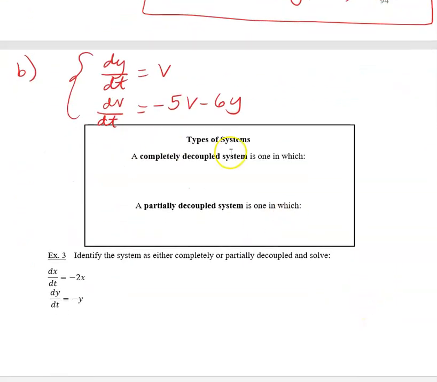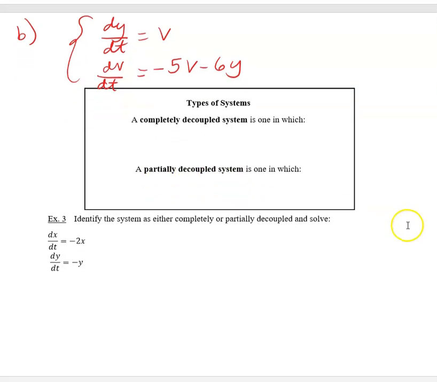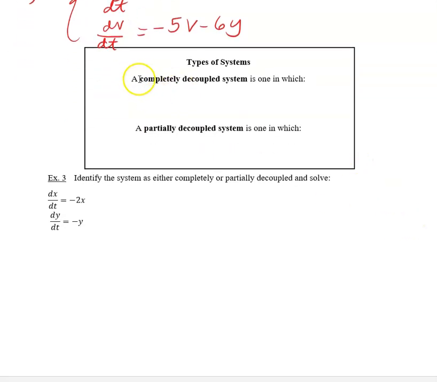Now let's talk a little bit more about these types of systems. There's two types of systems here we're going to work with, and those are called a completely decoupled and a partially decoupled system. So what's the difference? A completely decoupled system is one in which each differential equation only depends on its own variable.